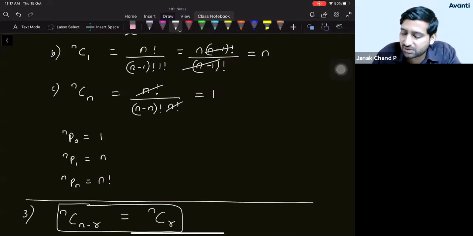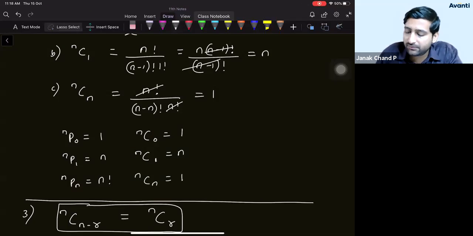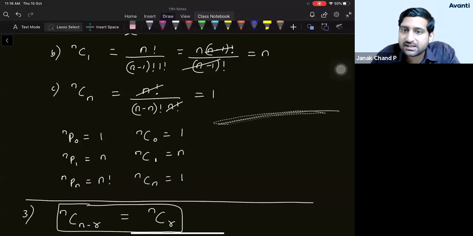So in comparison of this, if I ask you what is nC0, 1. If I ask you nC1, what is the answer, student? This will be equal to n only, and the value of nCn will be equal to 1. So only when you take all at a time, then the total number of selections is 1. The meaning of this is, student, there are n objects. In how many ways can I select all the n objects?